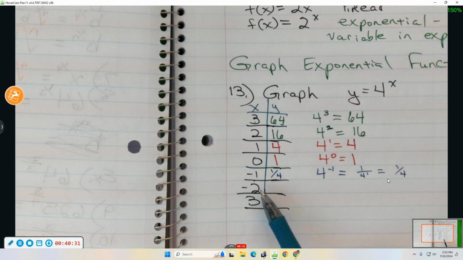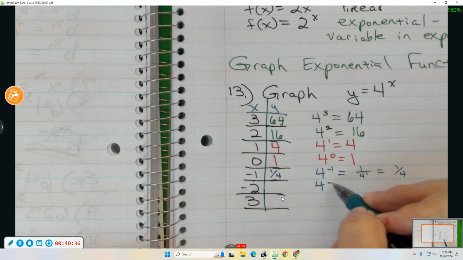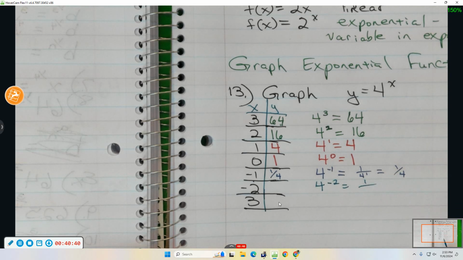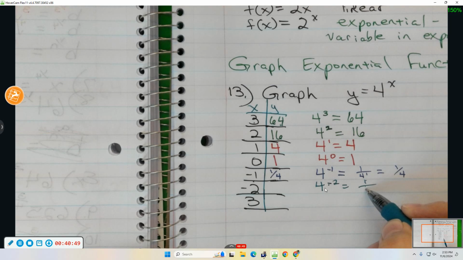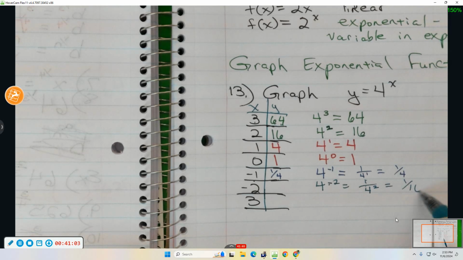Now let's plug in -2. I'll let y'all tell me what that equals. 4 to the -2 power. That's 1 over. Let's get rid of the negative, but pick up a 1 over. What have we got down here? 4, I think I heard it, to the 2, so 1/16.